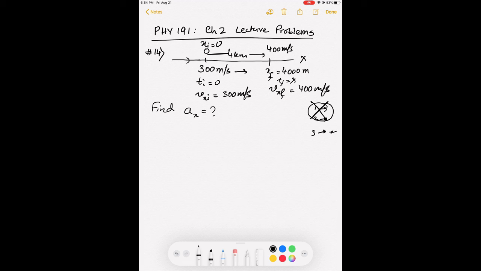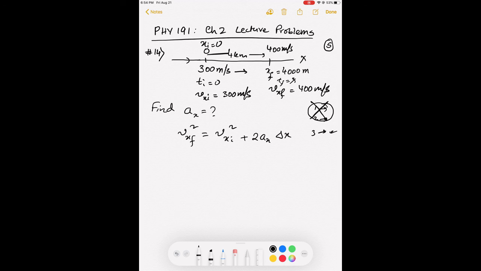So the problem that we want to formulate is that vxf squared equals vxi squared plus 2ax delta x. During the class, I might have taken a more general level. If you don't want to use x, you can always use s.